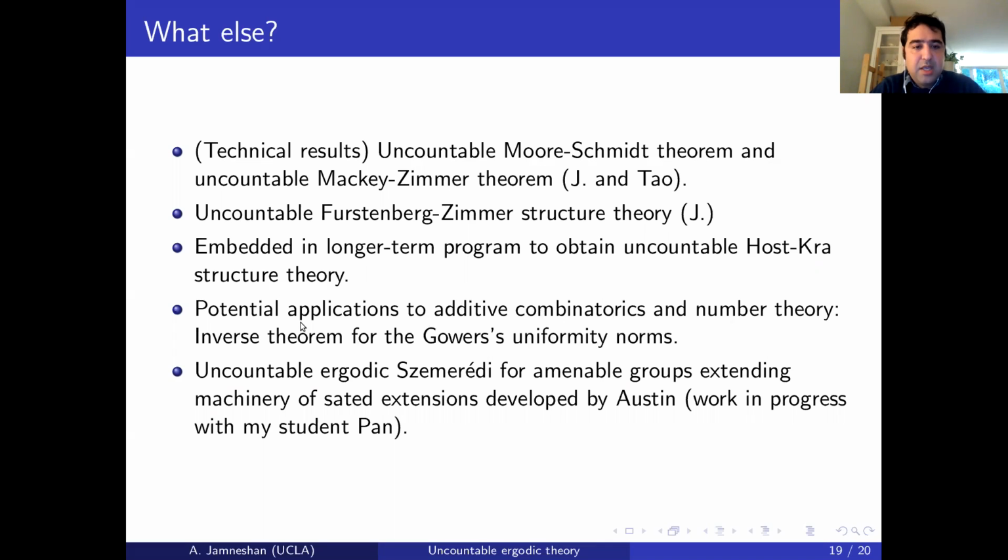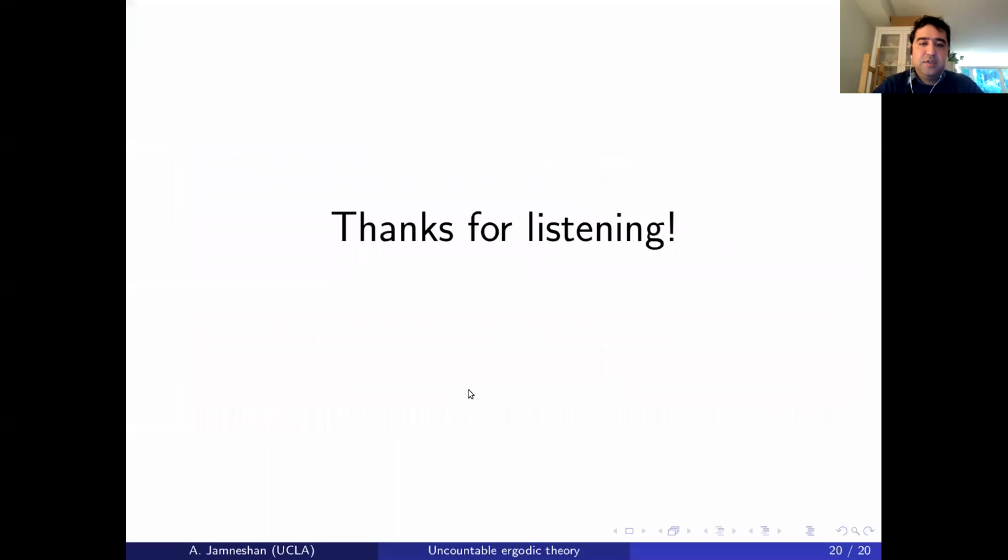Anyway, I just reported about the Ross project. We are working on a semi-ready version of that Ross project for amenable groups by extending some machinery which was developed by Tim Austin. This is a work in progress with one of my students. Anyway, I think I'm done. Thanks.